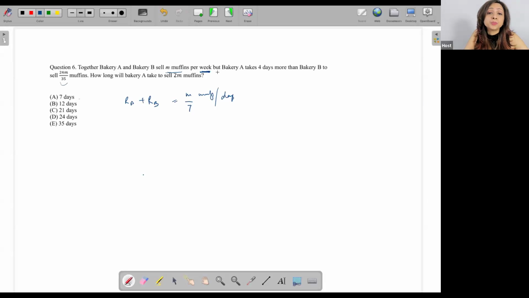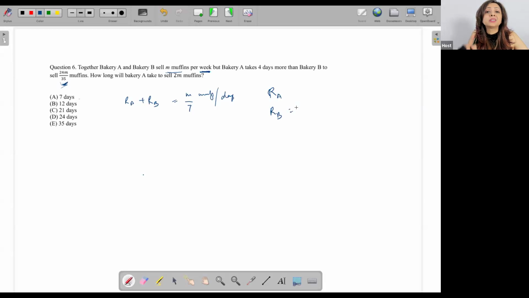But bakery A takes 4 days more than bakery B to sell these many muffins, which means that if bakery B takes D days, for example, bakery A will take D plus 4 days. Then what is the rate of bakery A and what is the rate of bakery B?